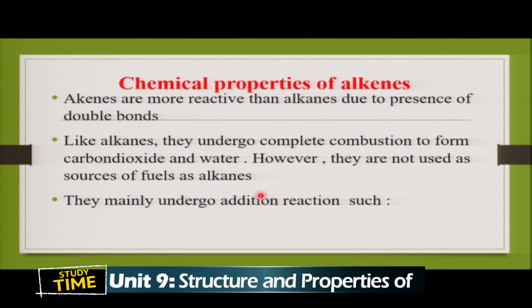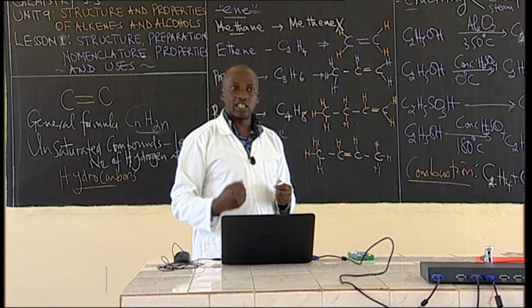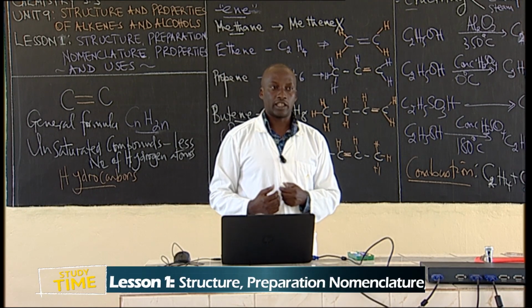Under complete combustion, you give the same products, carbon dioxide and water, plus heat, but less heat compared to the alkanes. That's why alkenes are not used as fuels, because they will produce less heat compared to the alkanes.